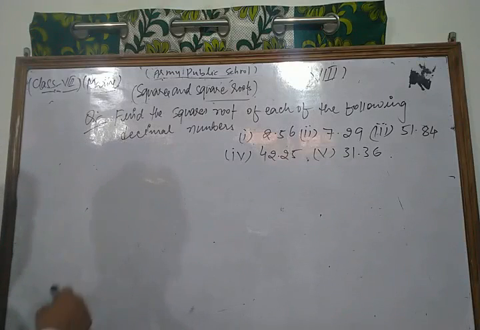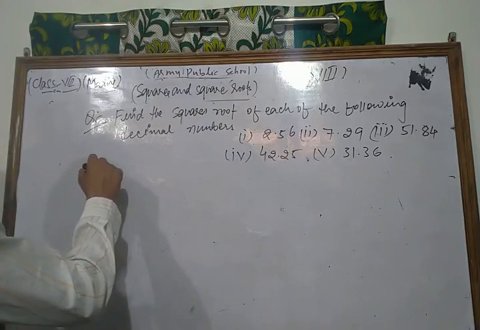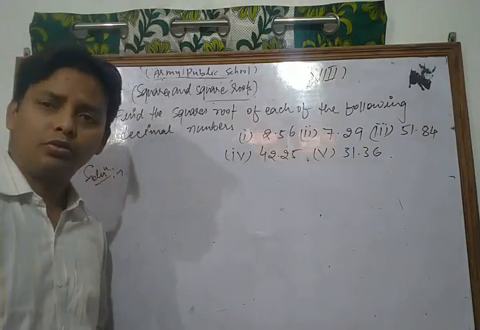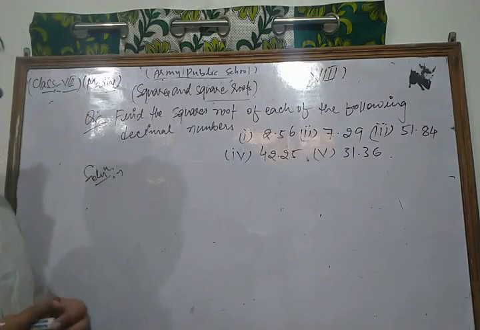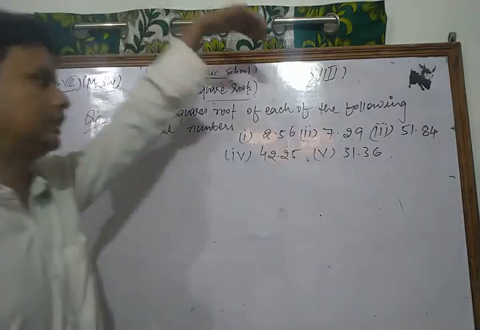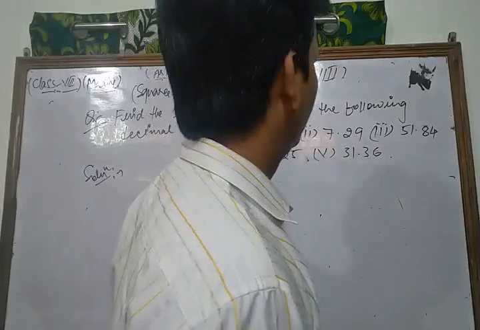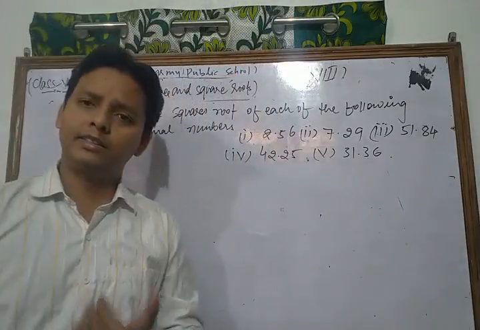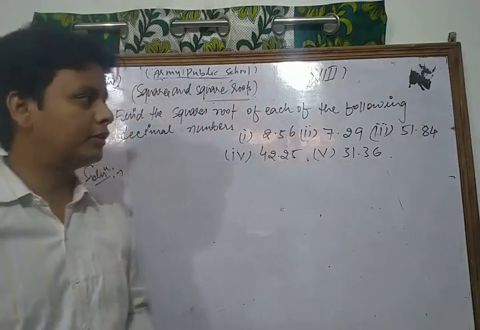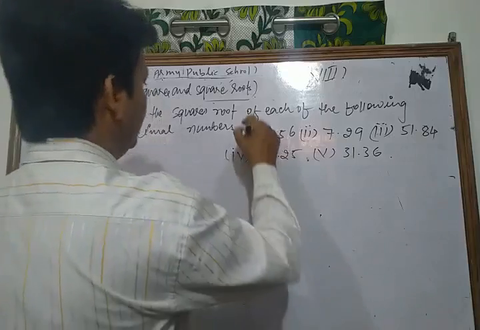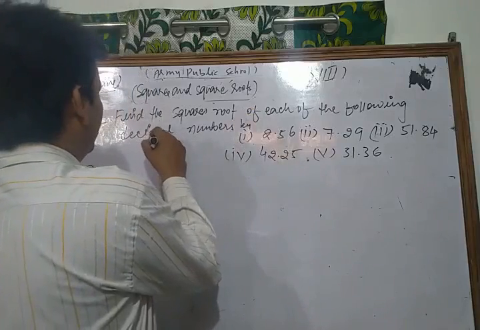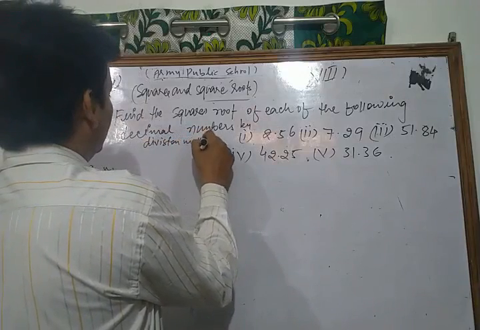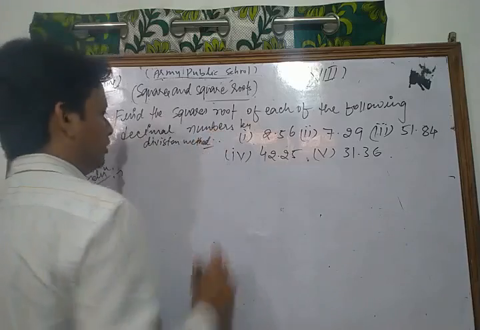Now let's see its solution. In that question, we find the square root of each of the following decimal numbers by the division method.